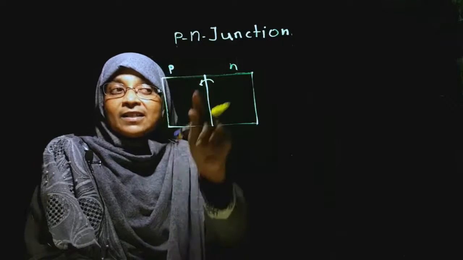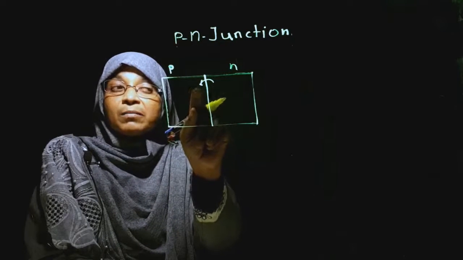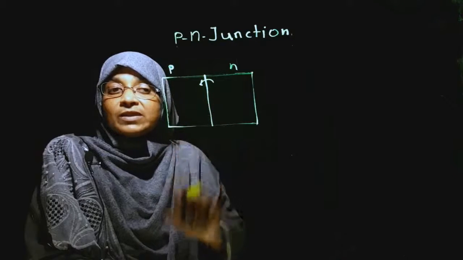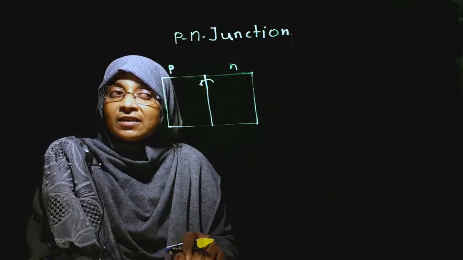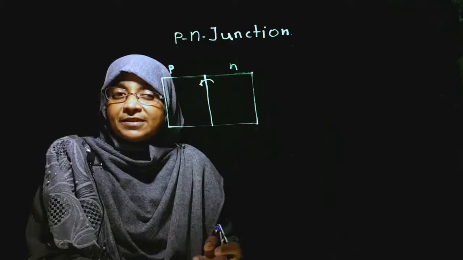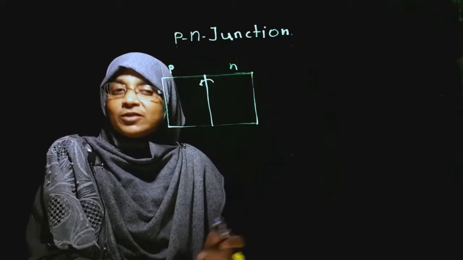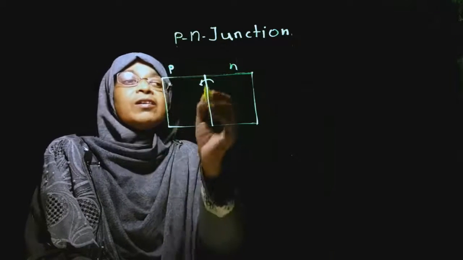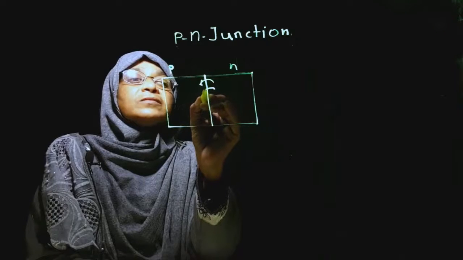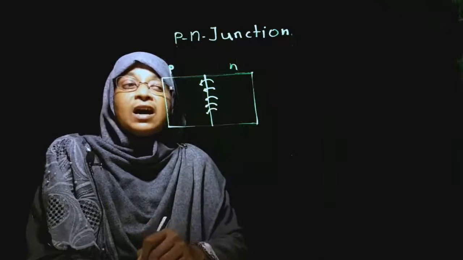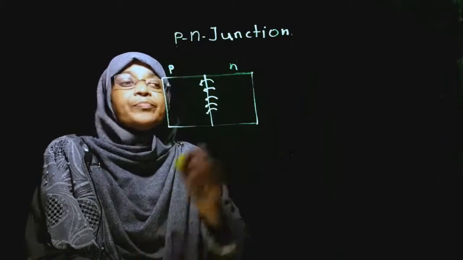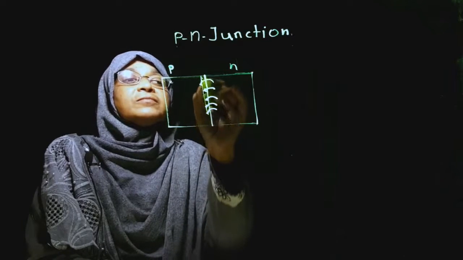Then these electrons recombine with the holes. So what will happen to the charge? The charges cancel, it becomes neutral. So it forms a charge-divided area at this junction.